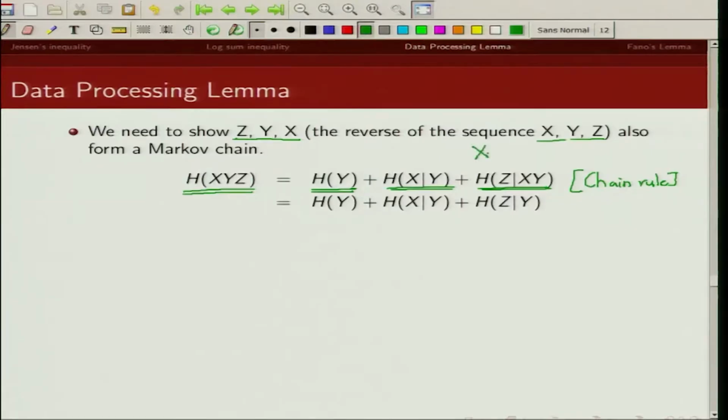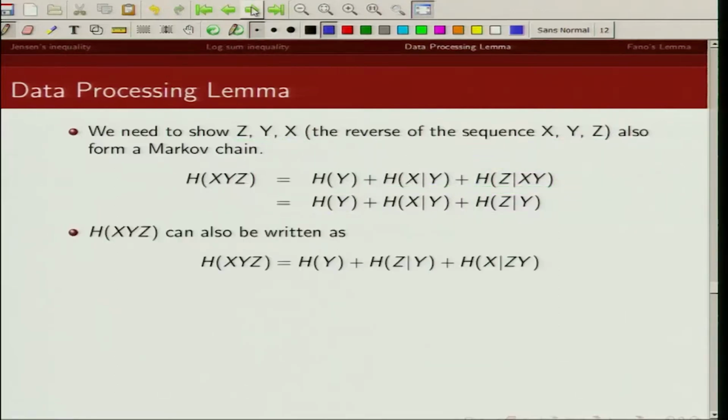Now since X, Y and Z form a Markov chain, we know that uncertainty in Z given XY is the same as uncertainty in Z given Y. So we can write this joint entropy of X, Y and Z as H of Y plus H of X given Y plus H of Z given Y. Now we write this joint entropy again using the chain rule in a different way.